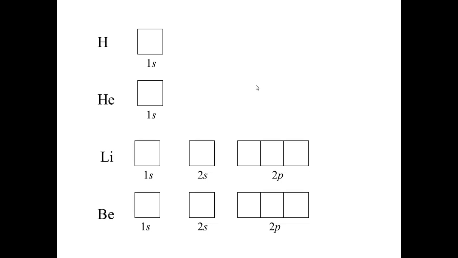So going down, these are the first 4 elements. 1 electron, 2 electrons around helium, 3 electrons around lithium, 4 electrons around beryllium. Now, if you are asked on a homework or on a test to show the electron configuration using the box and arrow notation, you have to do this. You have to cramp your hand.